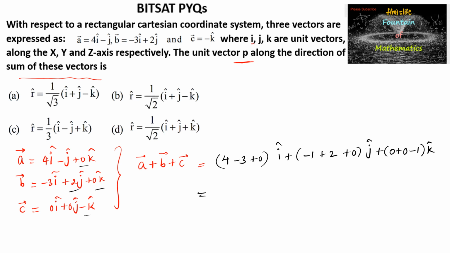Which is equal to 4 minus 3, that is 1 times i, and 2 minus 1 is plus 1 times j, and this is minus 1 times k.